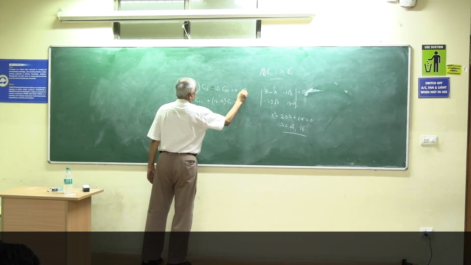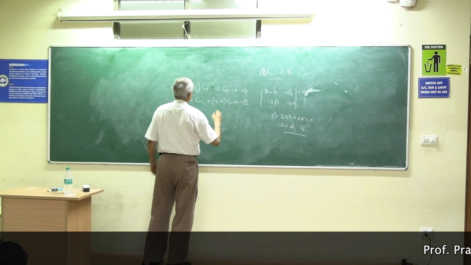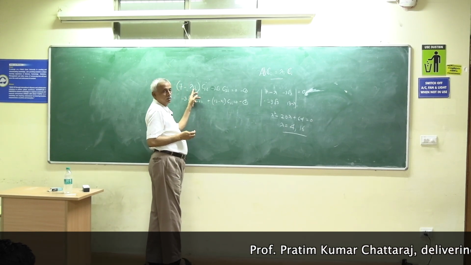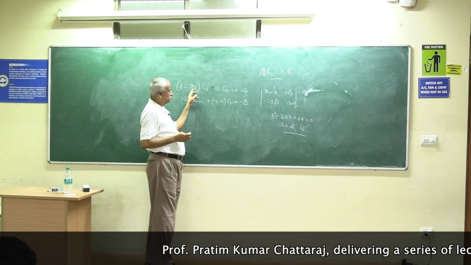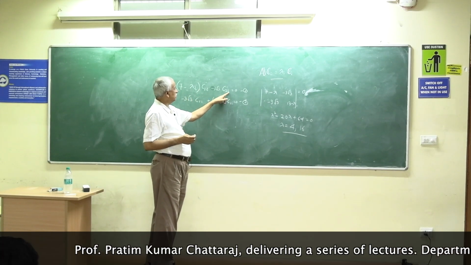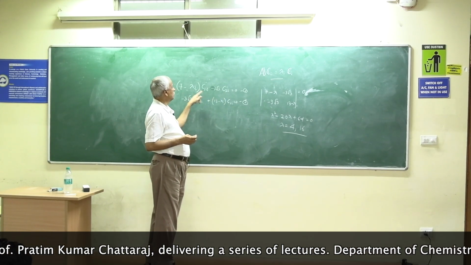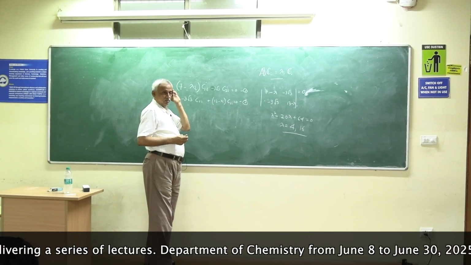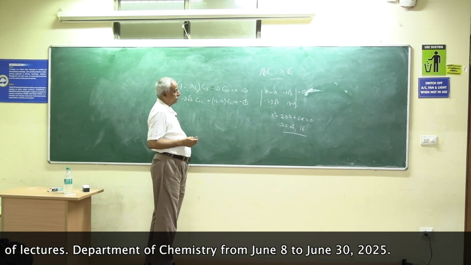So this is one. There are two values of lambda, so it would be C11, C21 and C12, C22. So these are the two equations which are to be solved.